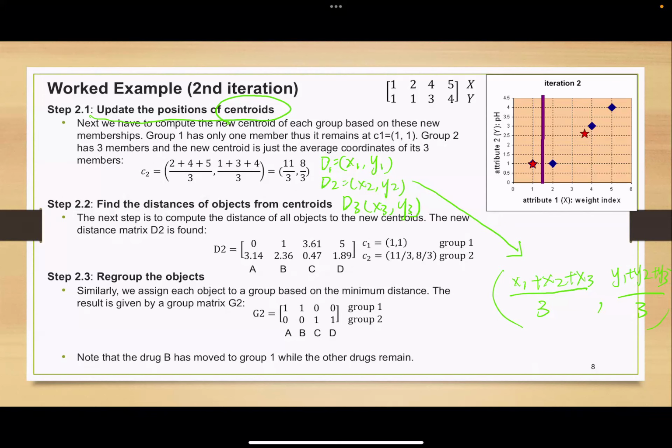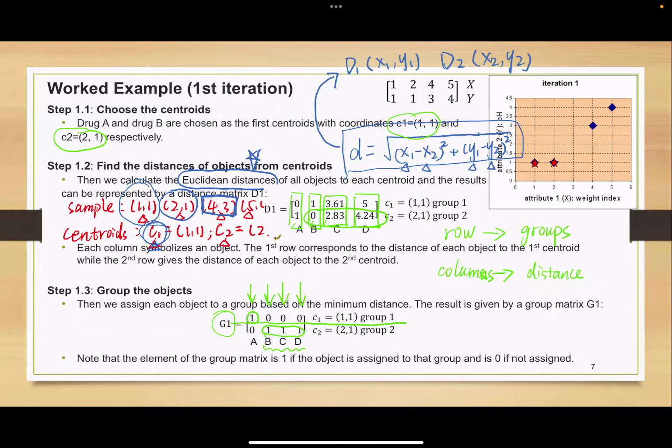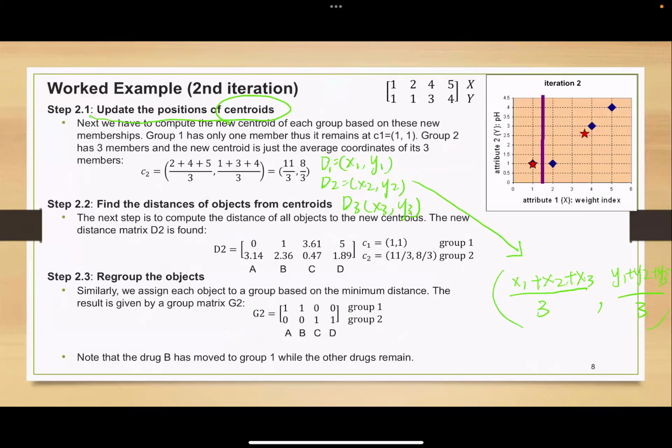Okay. So in this case, we have 3 data points which belong to group 2, B, C, D. So we use the center of B, C, D as the new centroid of this group 2. And then the new centroid is calculated as this. This is the new centroid of C2.